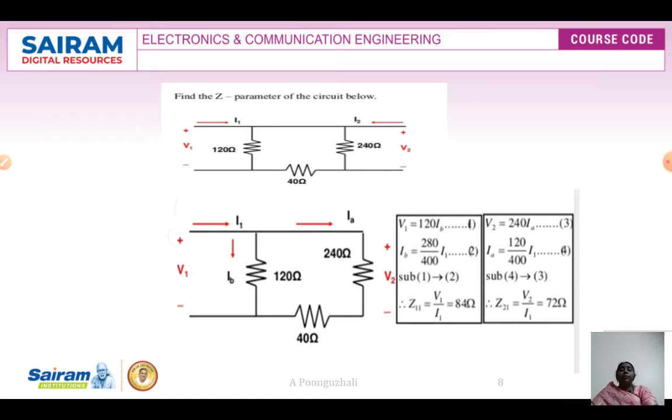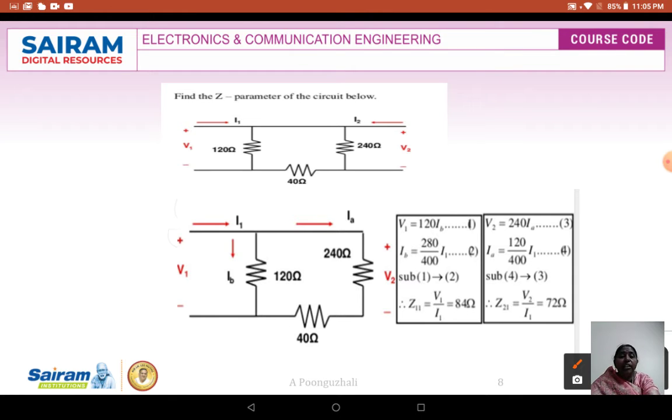Now we will see a problem. Find the Z parameters of the circuit given below. This is the circuit. The first step is to apply your KVL equation, that is, write your equations.